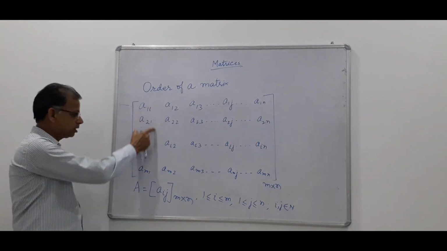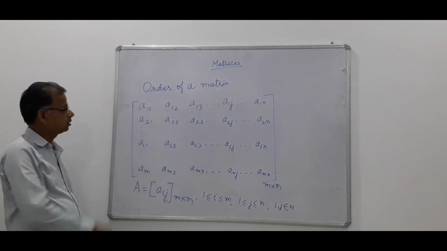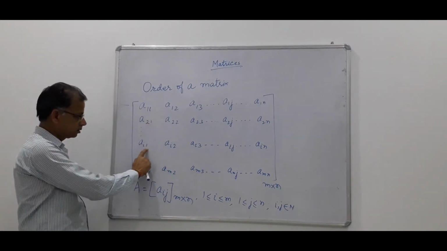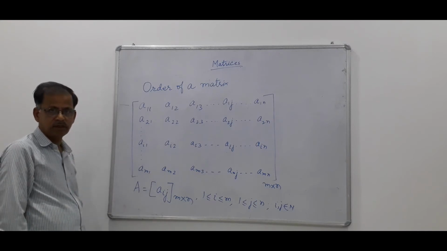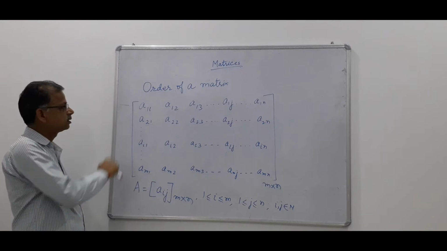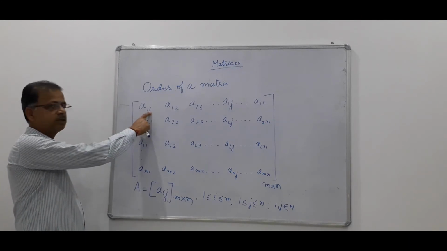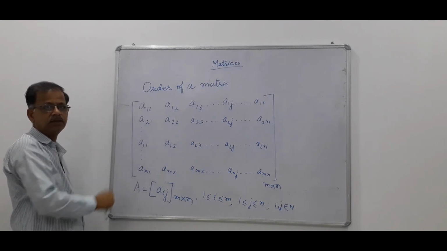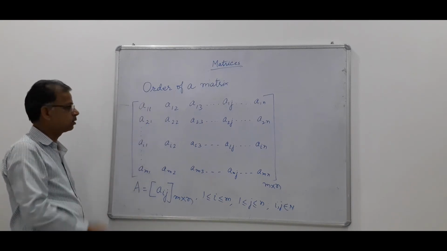Observe all these elements. In these elements, what is written? We observe that in all these elements, the second subscript is 1. It means these elements are of the first column.